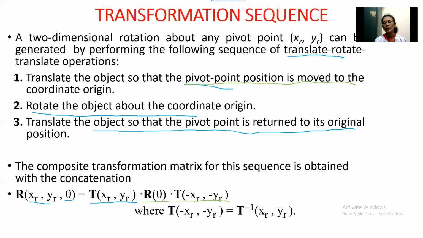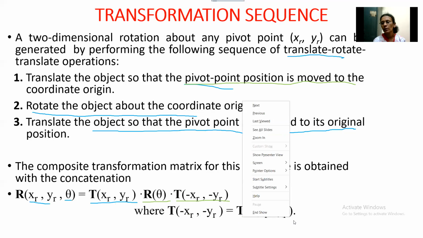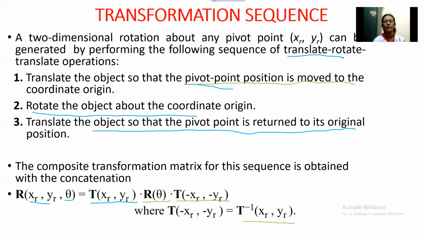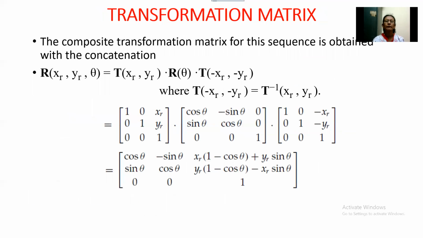Translation by minus xr minus yr is nothing but the inverse of translation by xr yr. So the composite transformation matrix is obtained by T(xr, yr) multiplied by R theta multiplied by T(minus xr, minus yr).